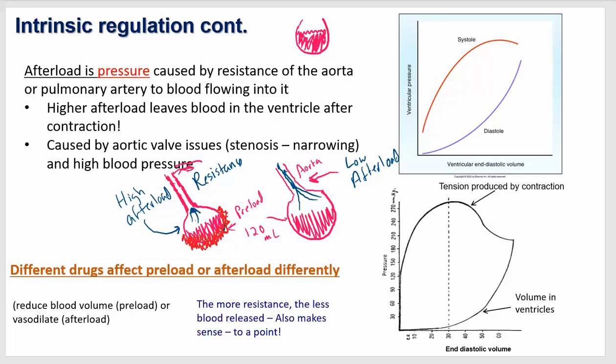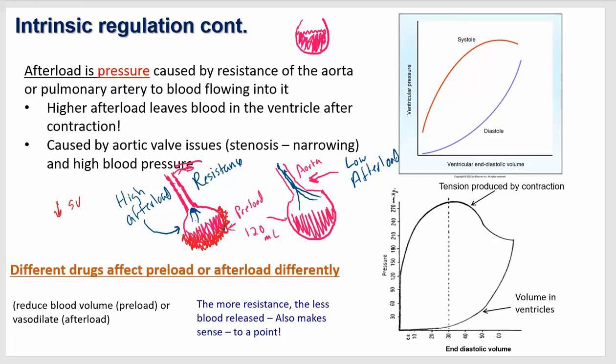What's going to happen when you have that resistance is the fraction of blood that it's able to push out is less. So there's probably going to be a lower stroke volume. So, decreased stroke volume. All right.